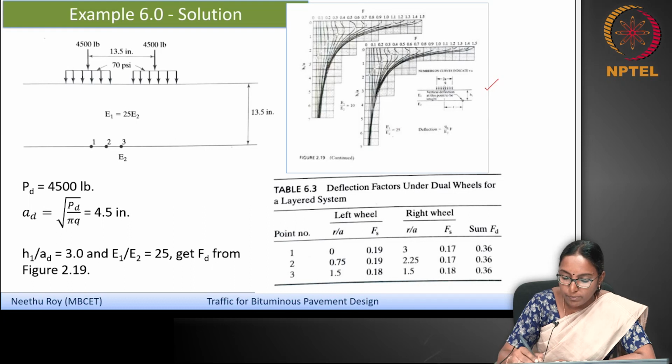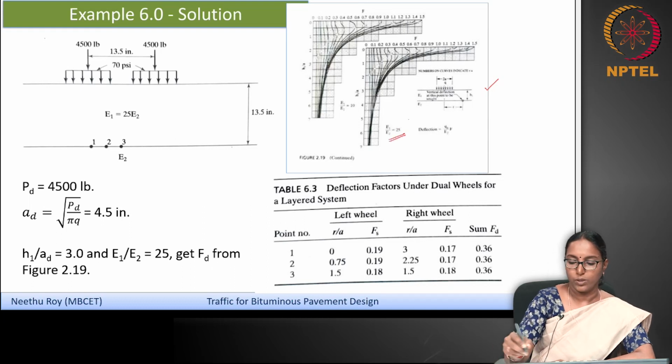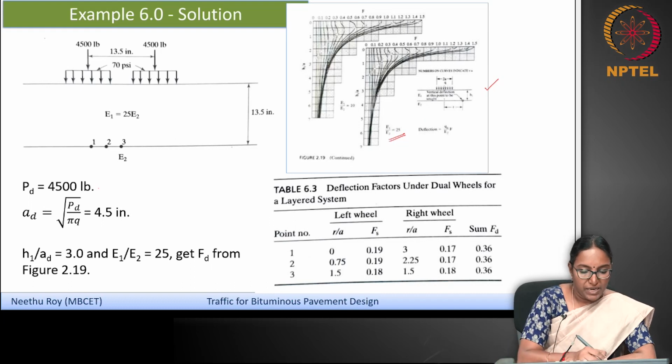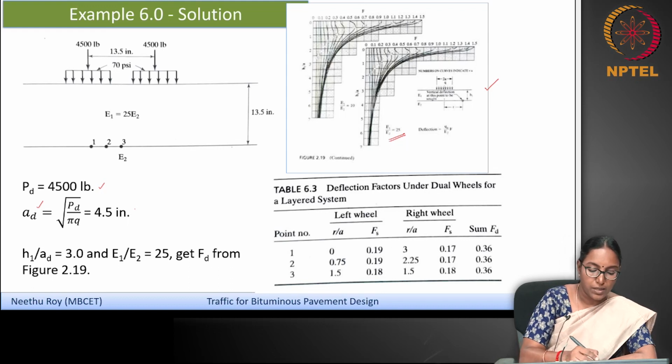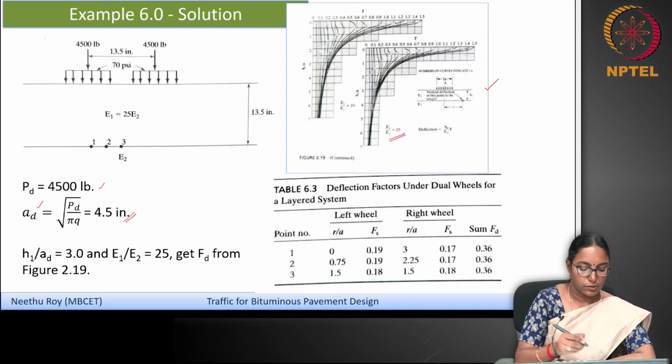E1 by E2 is equal to 25, so I have taken that plot here. PD, that is one of the loads, is 4500, so its radius of contact AD, given by root of PD by pi Q, is 4.5 inch.